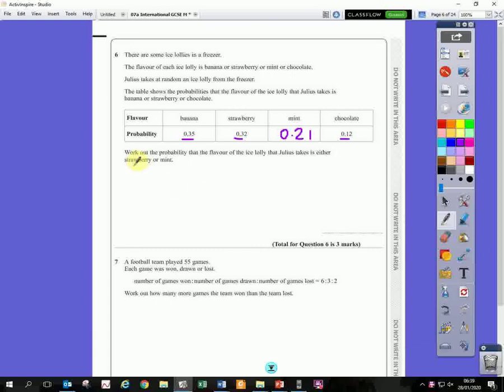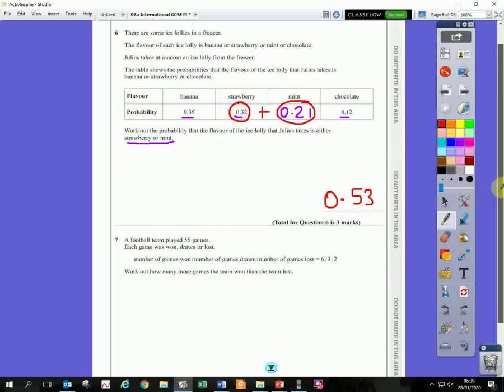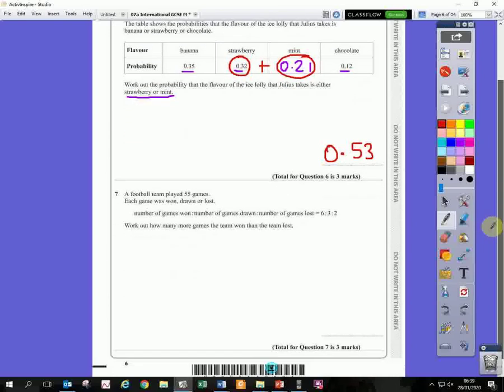The question says, work out the probability that the flavour Julius takes is either strawberry or mint, or in probability means to add. So it's 0.32 add 0.21. And when we type that into the calculator, we'll work it out in our head. That is 0.53.